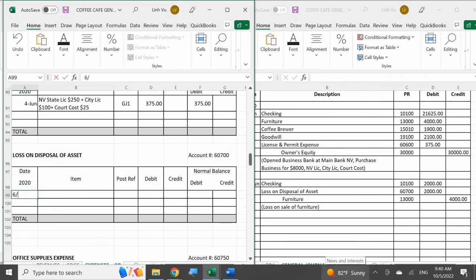So I'm going to go ahead and say my note here is loss on sale of furniture, because I tried to sell my furniture and I ended up getting a loss on it. I'm still on my first general journal page, and right now I currently have a debit balance of $2,000.